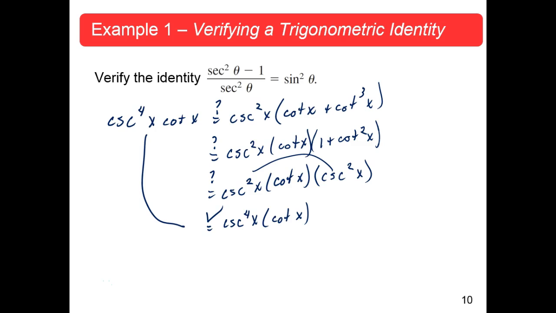Homework exercises, any of the odds 9 through 49. There's a whole passel of them there. Do some of each type. You know, if you get going and it looks really easy, skip over to some that look a little more difficult. Okay?